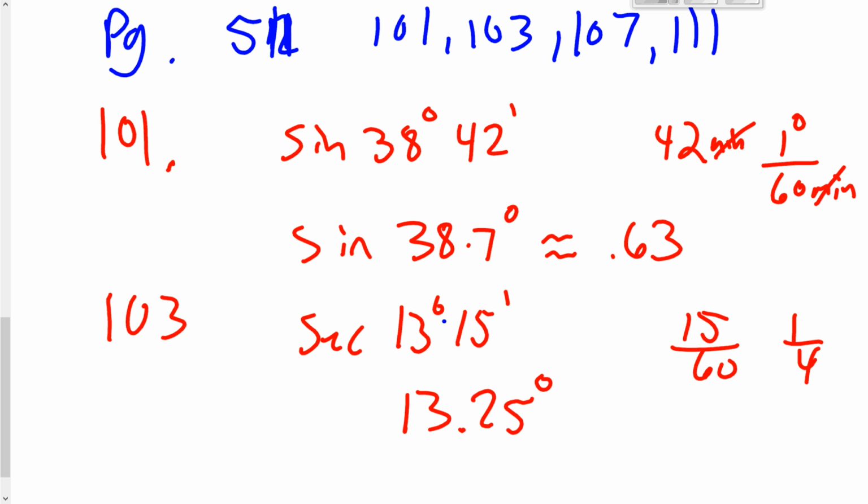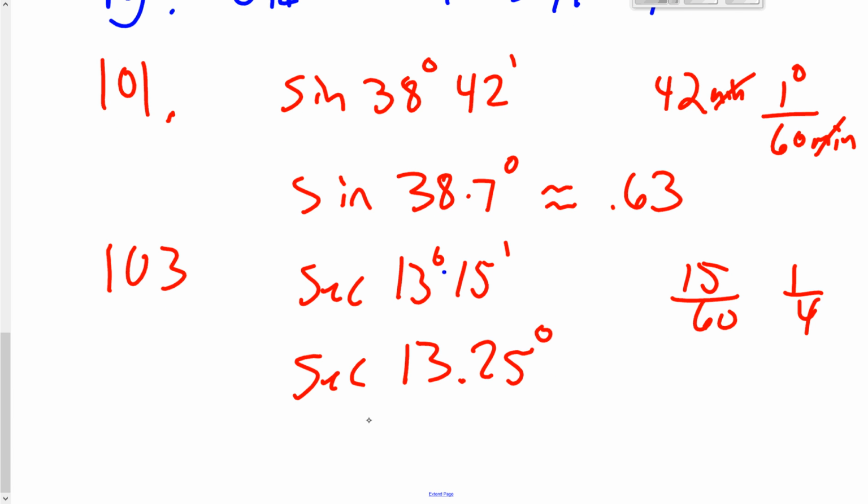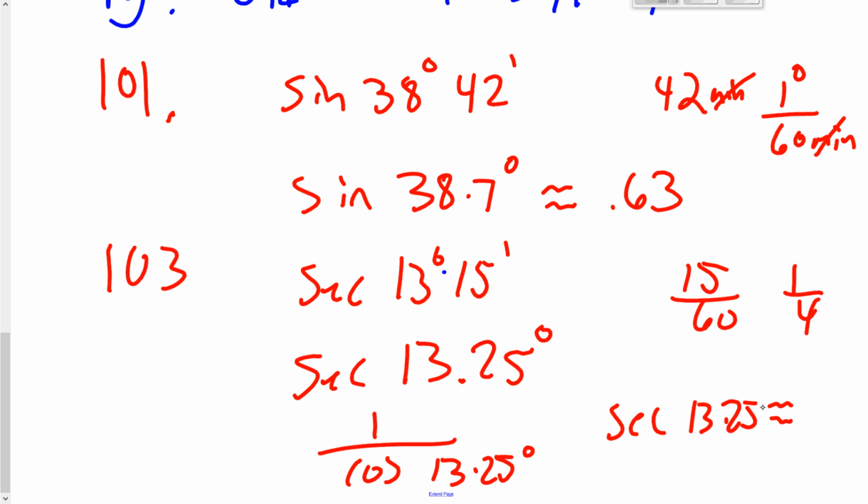So that's 13.25 degrees, and secant is related to cosine, so that's 1 over cosine of 13.25 degrees. So secant of 13.25 is approximately 1.03. On your calculator you did 1 divided by cosine, then put the 13.25 in there and close that parenthesis.